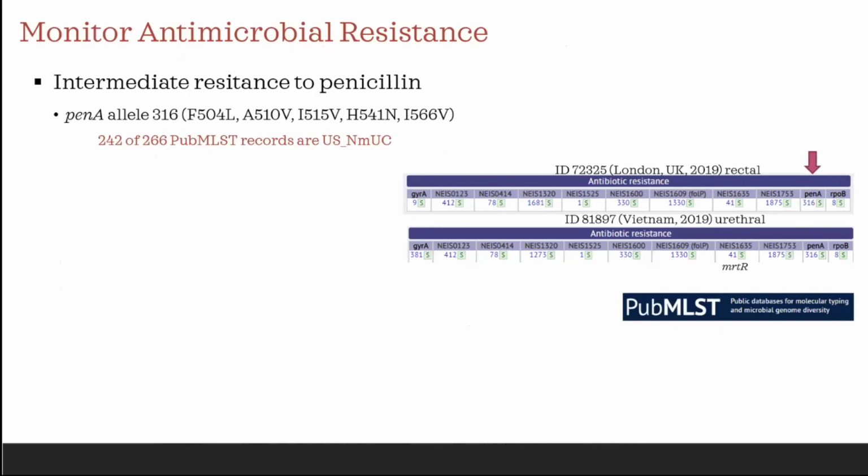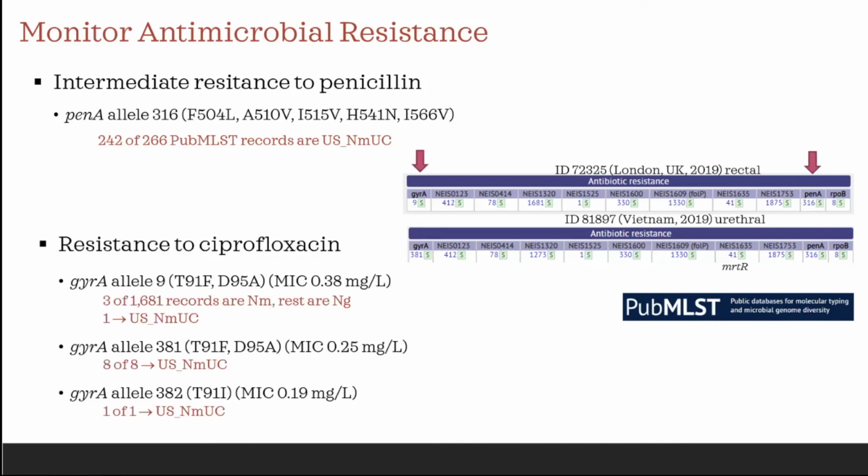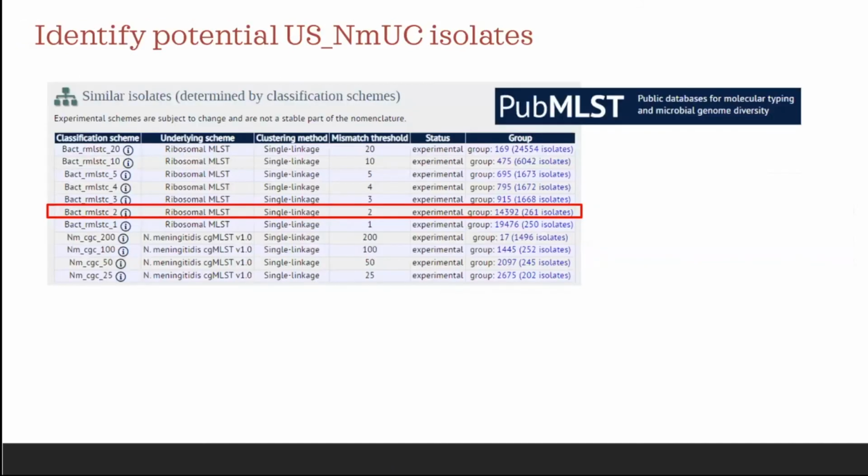Interestingly, the clade has also acquired resistance to penicillin, intermediate resistance to penicillin. Most of the clade isolates with this particular penA allele are from clade isolates, and certainly the ability to identify that was greatly facilitated by the database. And in addition to penicillin resistance, also, as we've alluded to, increasing resistance to ciprofloxacin has been identified in these clade isolates.